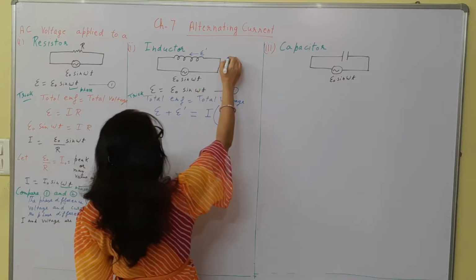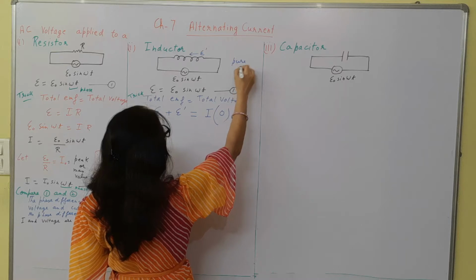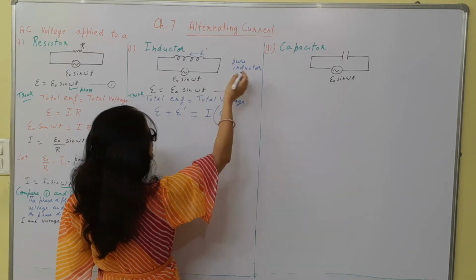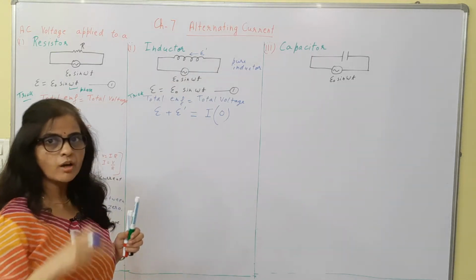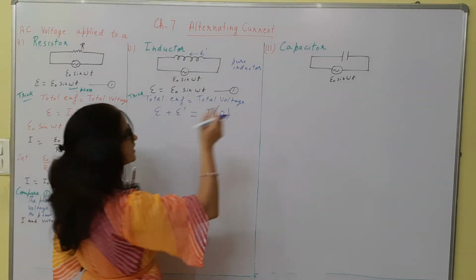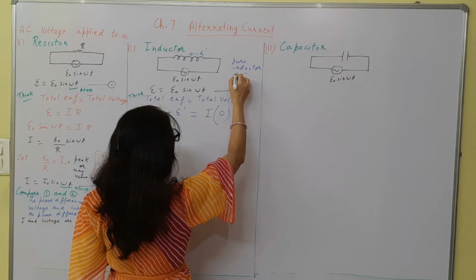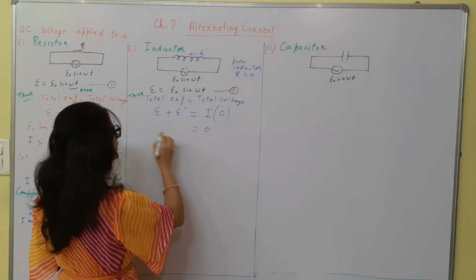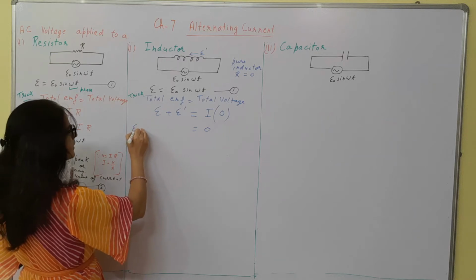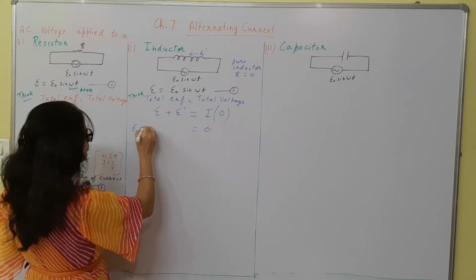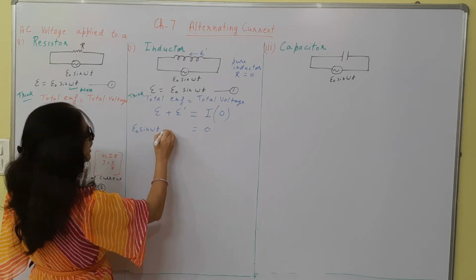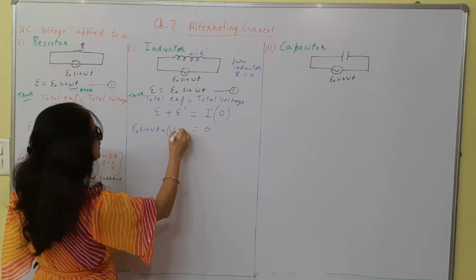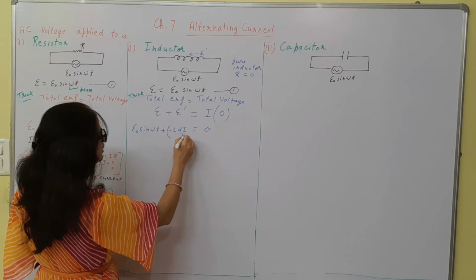And for a pure inductor, we consider that the resistance of the coil winding is negligible, or it is 0. So that's why this right side will be 0, and this is E naught sin omega t, and this is minus L di by dt.